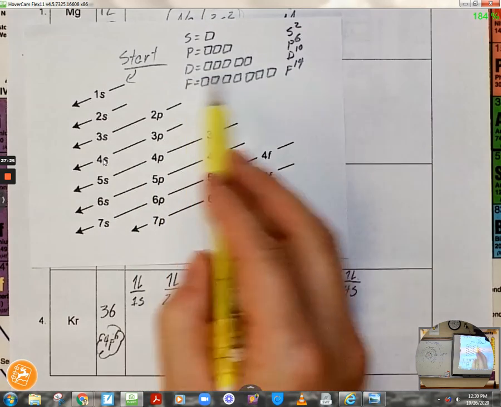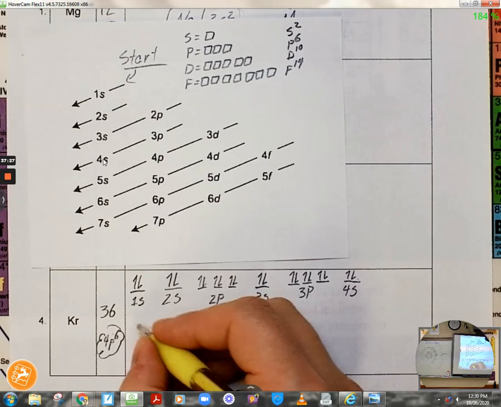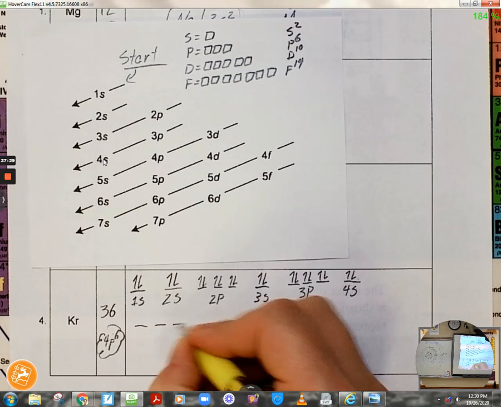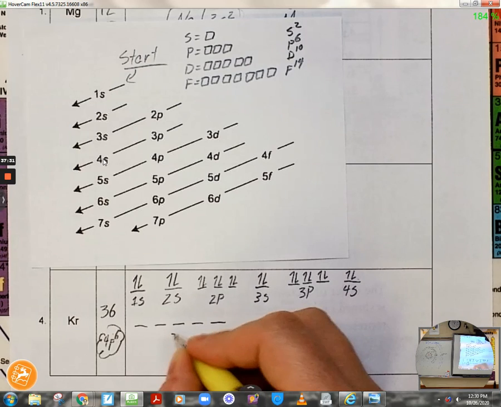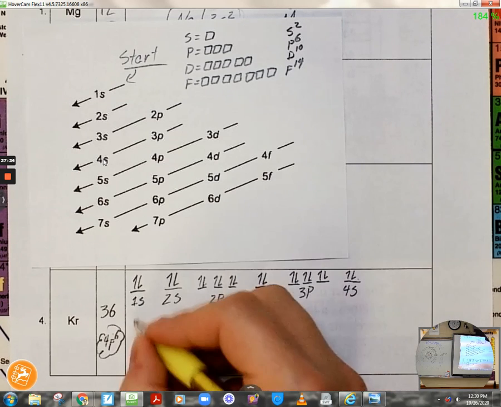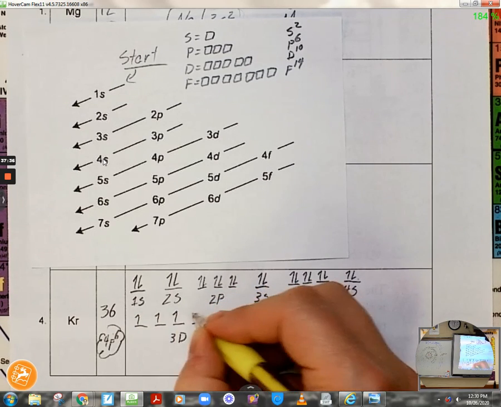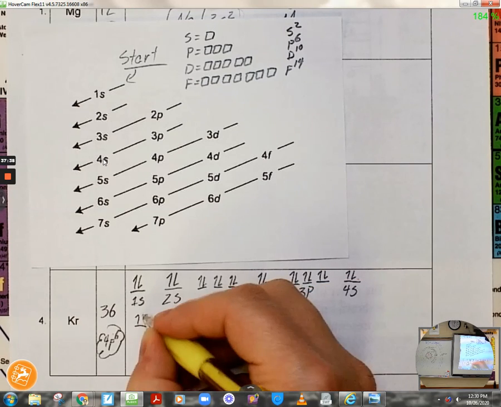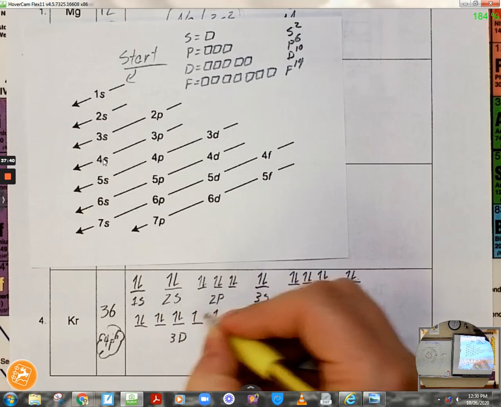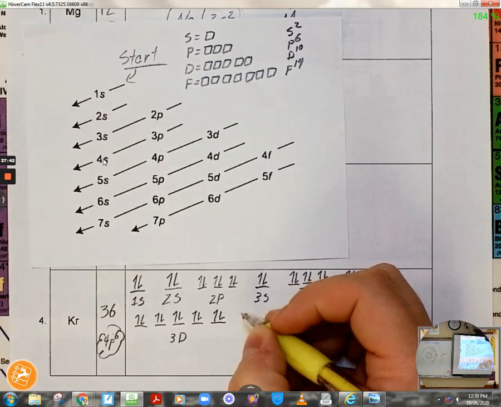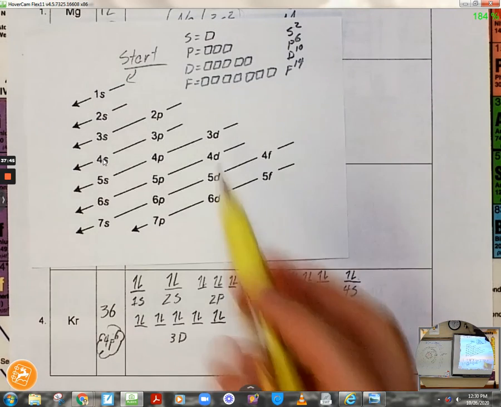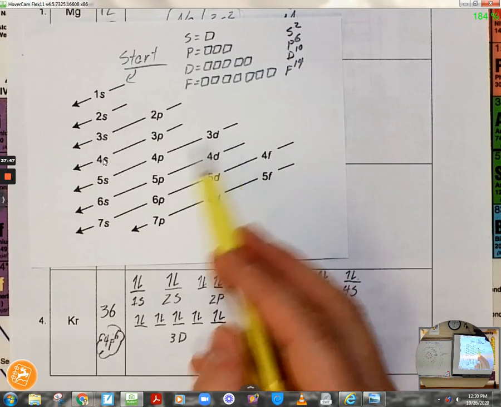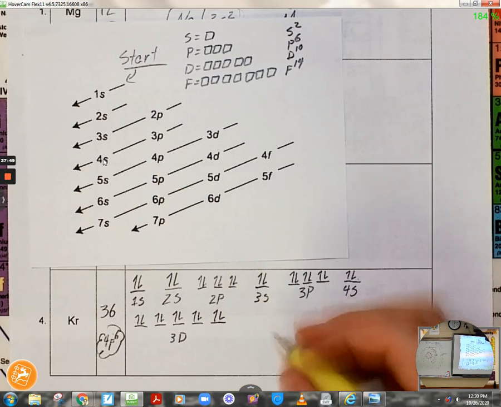And D's have 5 orbitals. So I'm going to come down here and put 5 blanks for 3D. So here's 21, 22, 23, 24, 25, 26, 27, 28, 29, 30. My D is now full, so it comes out to 4p.